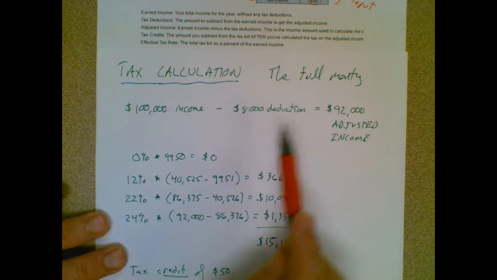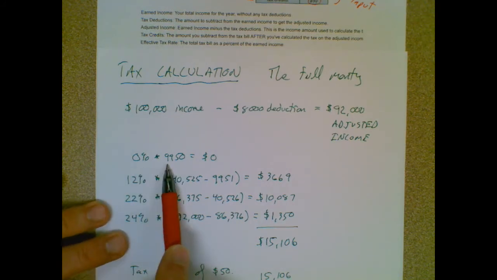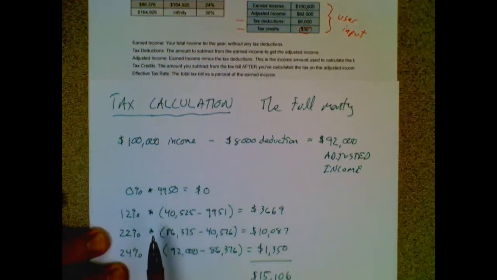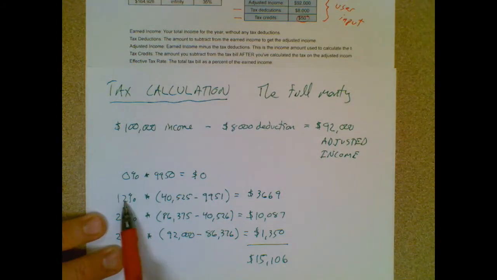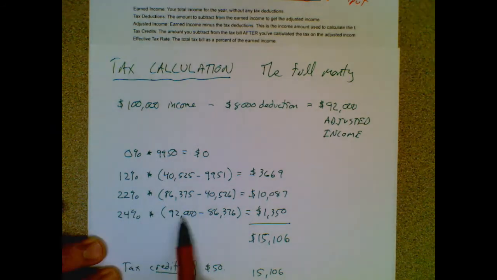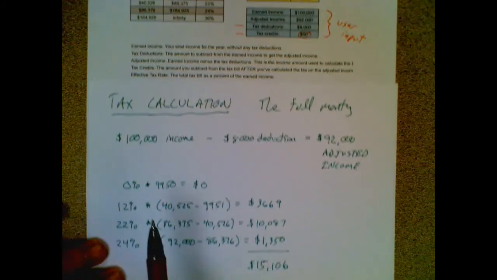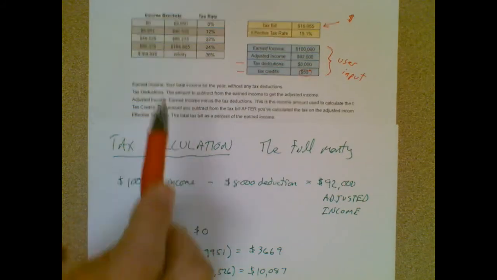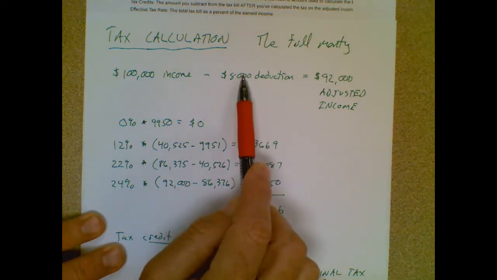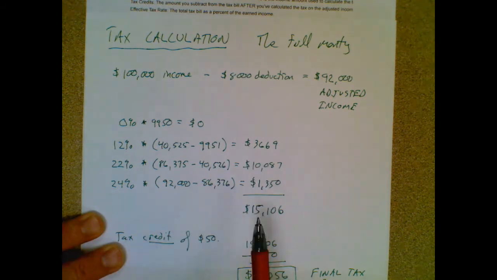The first $9,950 gets taxed at 0%. The next chunk of money gets taxed at 12%, the next chunk at 22%, and the final chunk at 24%. I'm just following the logic I showed you before from these tax brackets. So now my total bill is $15,106, which is slightly less than before because before I didn't have the deduction, so I was paying taxes on a higher income.